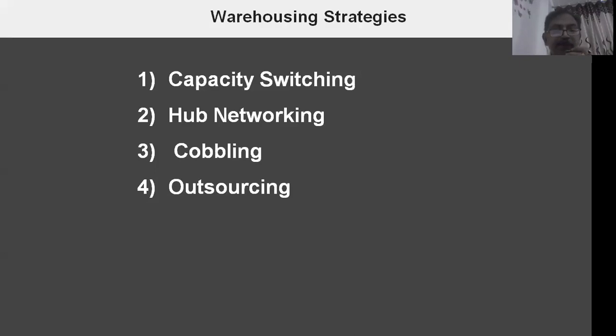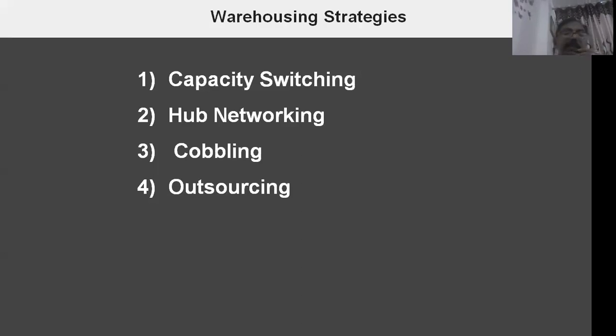Then again, when demand is high and more storage space is required, we can go for a contractual or public warehouse. So depending on the requirement, we can switch from private to public to contractual. Then hub networking.